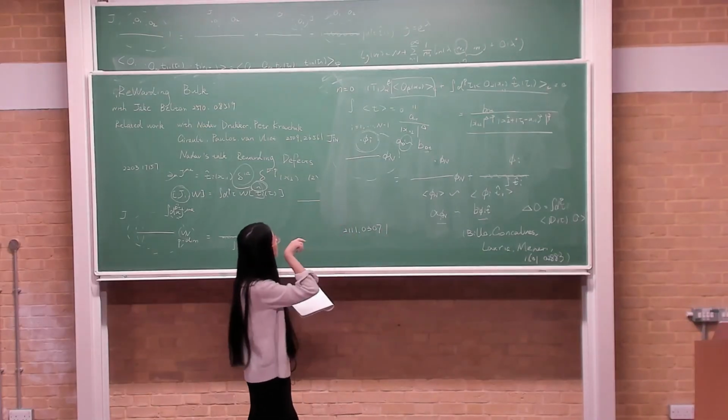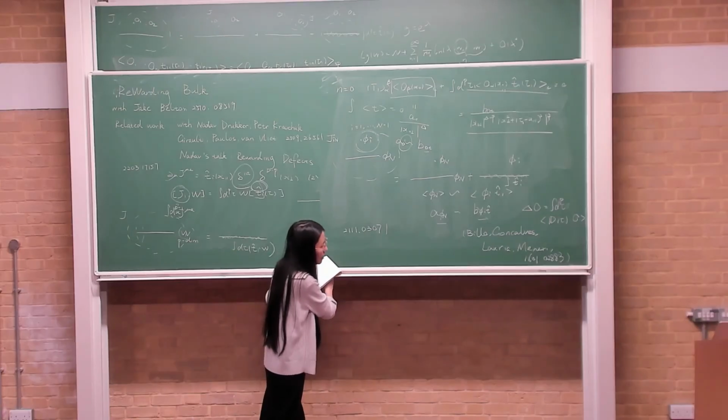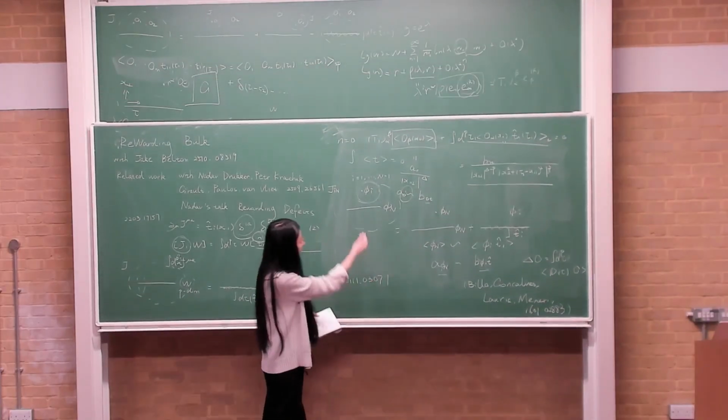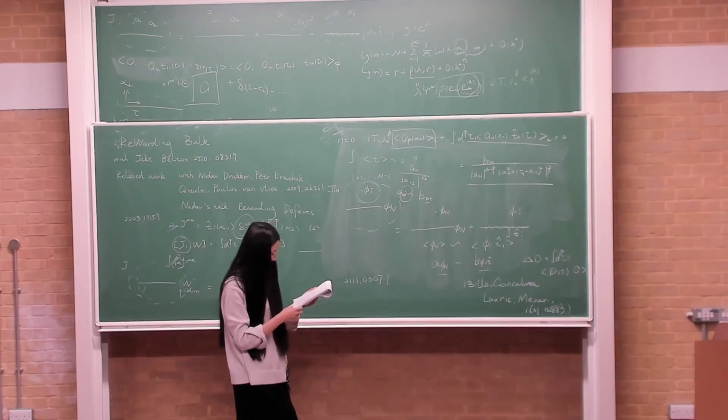This relation is found for boundaries, not for an arbitrary dimension defect, but it's basically the same identity.